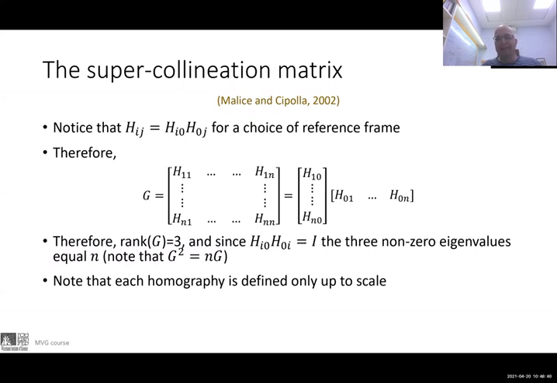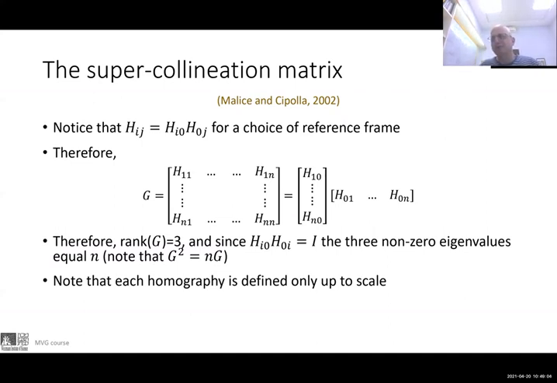But now if I try to apply supercollineation here, maybe the homography between image 1 and 2 is based on one plane, and between 2 and 3 on another plane. Then this won't tell me much, right? So they won't be consistent by construction.